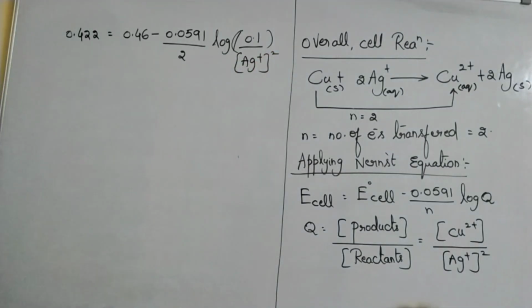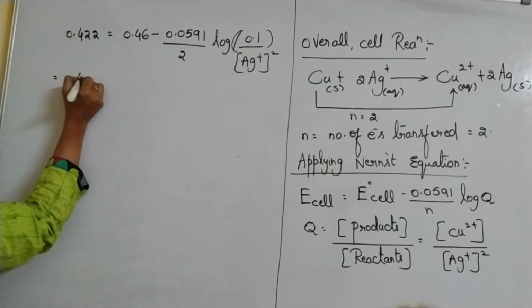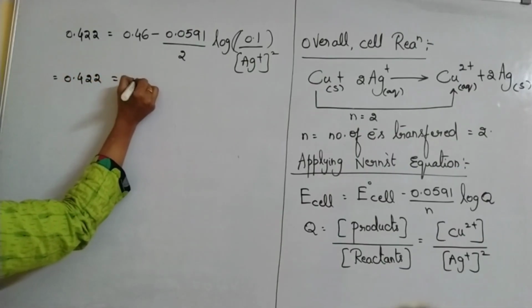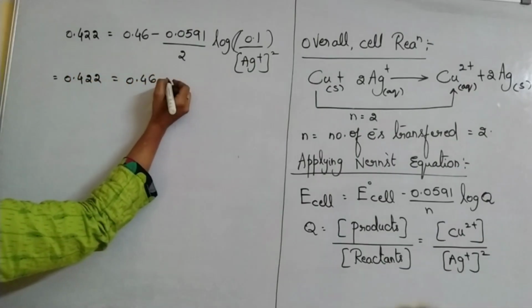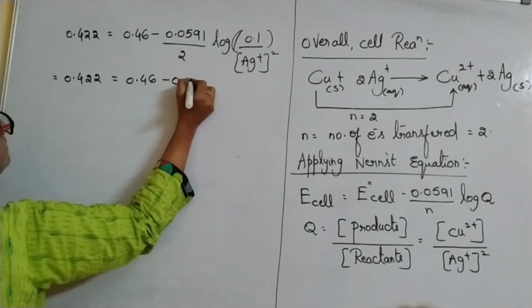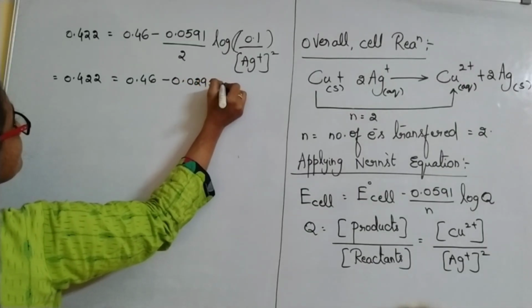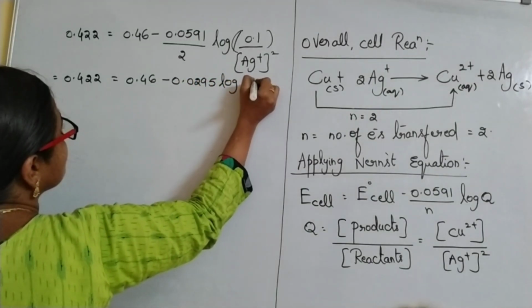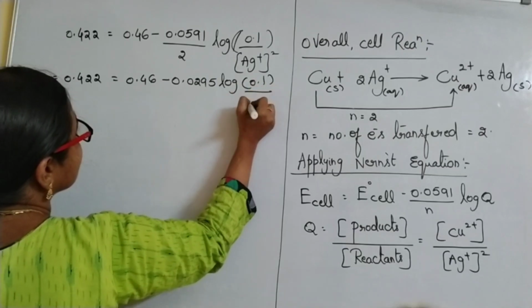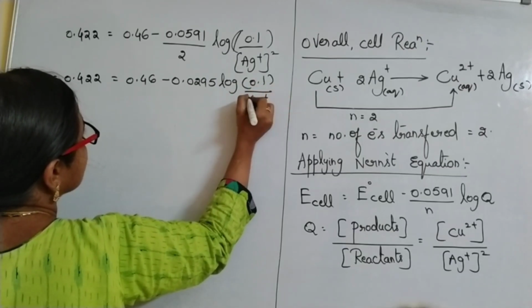Okay, so this we have to simplify now, and we have to find what? [Ag+] whole square. Okay, so this value calculation we are going to check now. So 0.422 is equal to 0.46 minus 0.0295 log 0.1 by [Ag+] whole square.